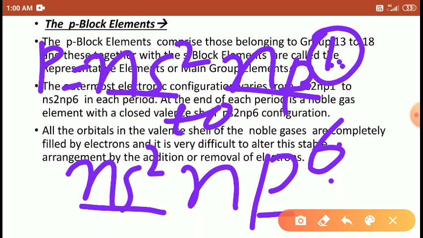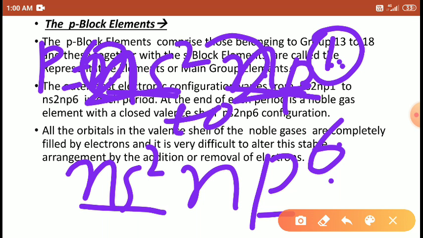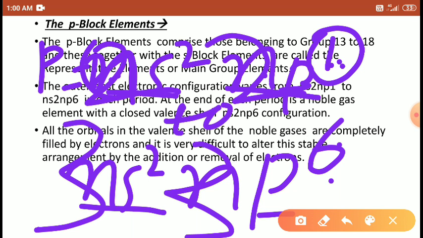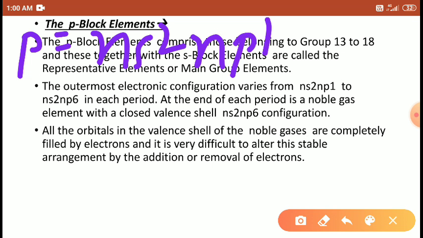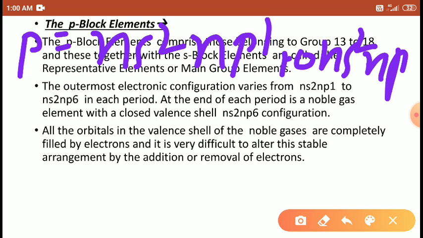Here n is the energy level, and the energy level remains the same on both sides. If it is 2 here, it is also 2 there; if 3 here, also 3 there. So the energy level remains the same, like this: ns2 np1 to ns2 np6.